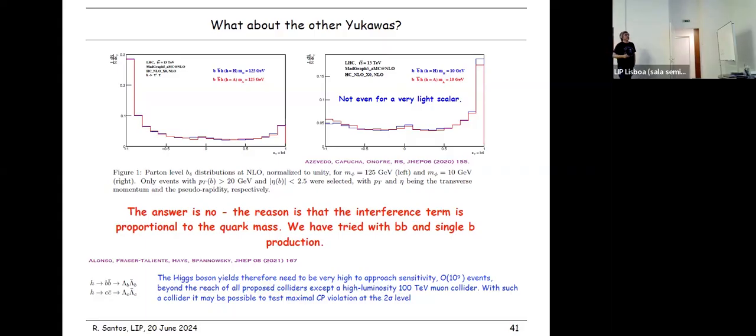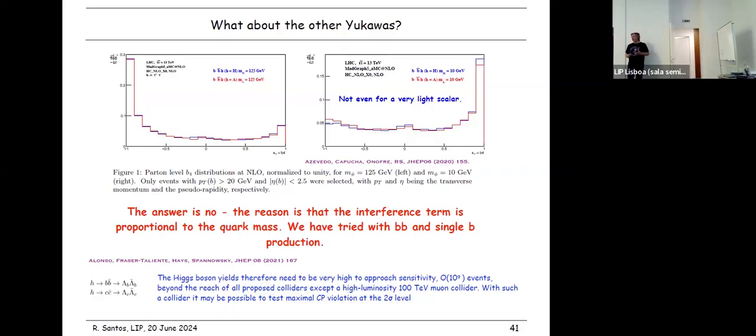Well, the problem with the B is that if we look at what we have done for the top and for the tau and try to do the same thing, we'll see that it is impossible. The mass of the B is so small that the asymmetry that you see in the top, you will not see in the bottom. So this means that you cannot see it in production.